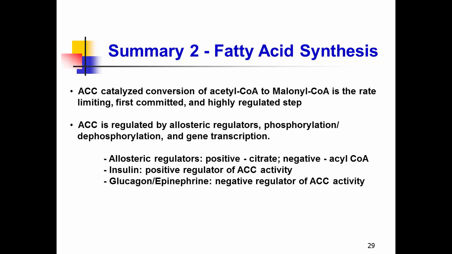Remember? First, it directly inhibits ACC. Secondly, it inhibits the tricarboxylate transporters, right? Reducing citrate levels. And the third mechanism is to inhibit pyruvate dehydrogenase and reduce acetyl-CoA concentration. Okay.